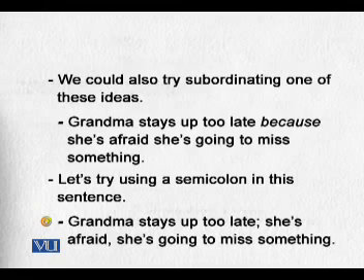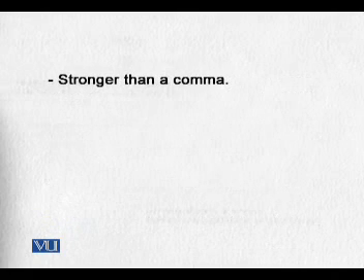Semicolon. She's afraid she's going to miss something. So this is how we use semicolons. Where a comma does not serve the purpose, semicolon. Where a coordinating conjunction does not serve the purpose or a subordinating conjunction does not serve the purpose, then the semicolon, of course, will come. A semicolon, of course, is stronger than a comma.